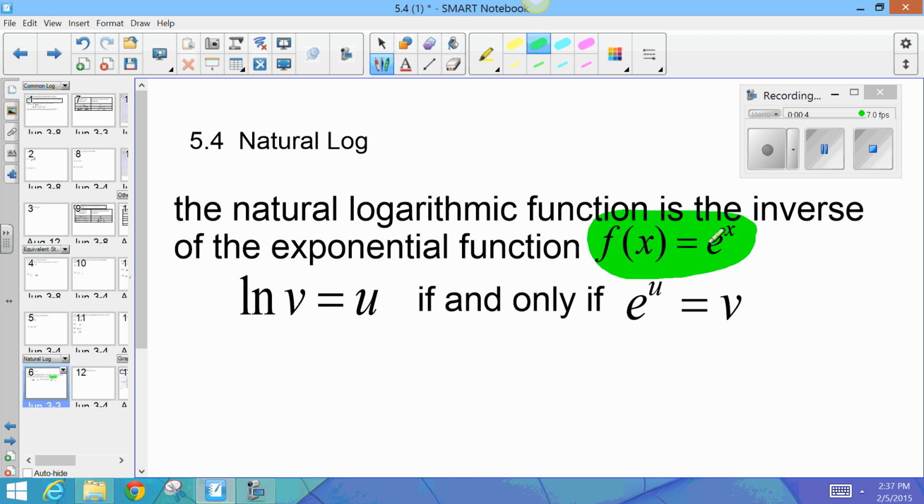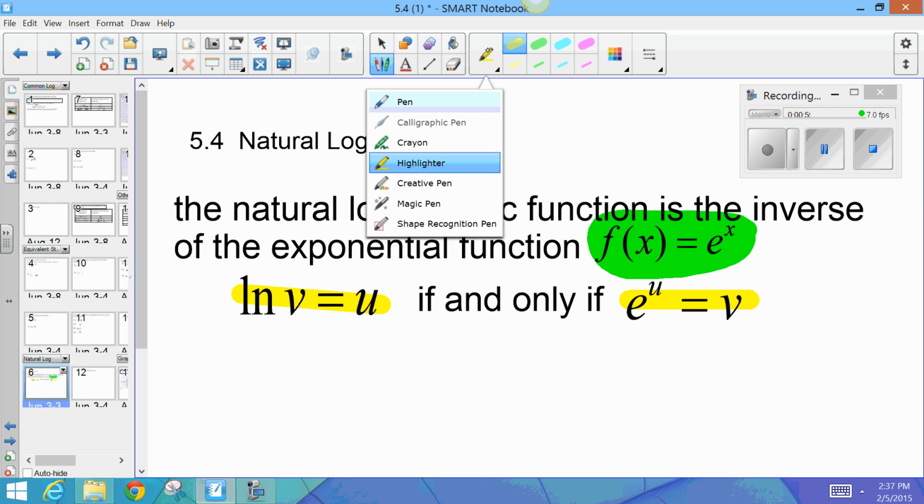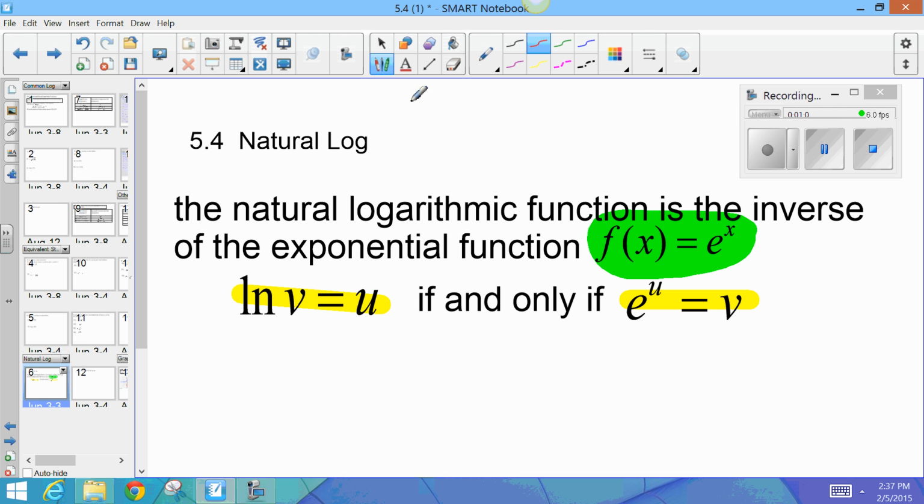So here we've got the definition of the natural log. Natural log of v equals u is an equivalent statement to saying e to the power of u equals v. When we learned about the common log, that base was 10. So if I had, for example, the log of x, there was an understood 10 being the base.